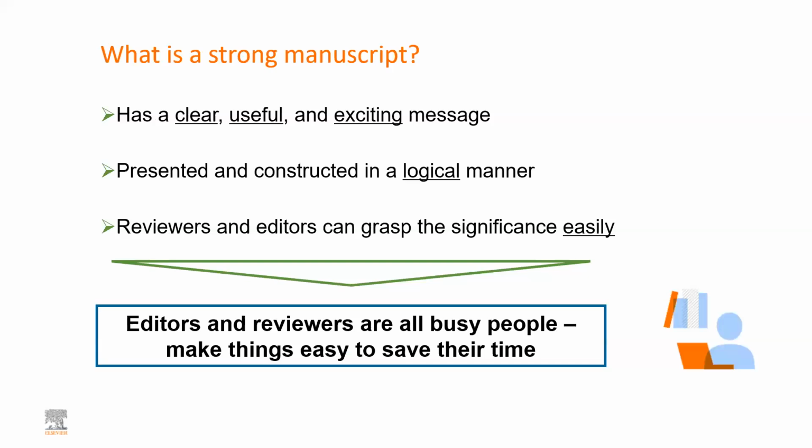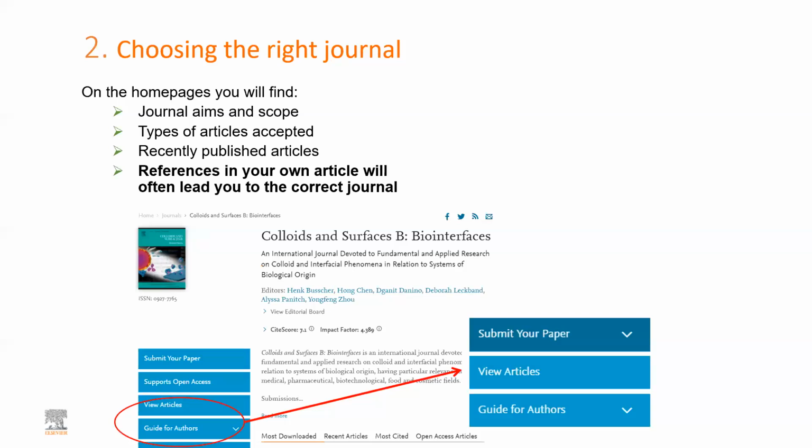Present it in a very constructive manner, so that the reviewer and the editor will understand it the same as you want to convey. Because we need to understand that editors and reviewers are 2 very occupied people. And that's why it is very important for us to save their time by including these small tips in your publication drafting.